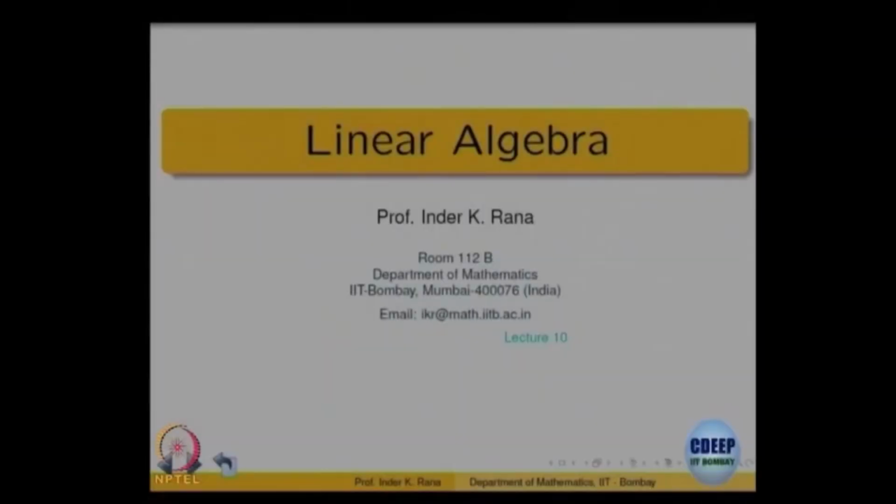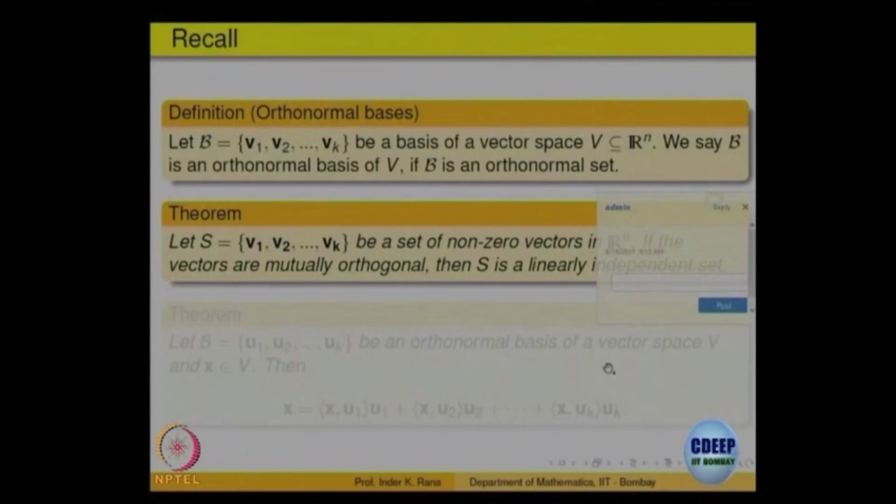Okay, so let us begin with today's lecture. We will start by recalling what we had done last time. We looked at what is called the orthonormal basis of a vector space. An orthonormal basis was defined as a set of non-zero vectors that are mutually orthogonal and form a basis.